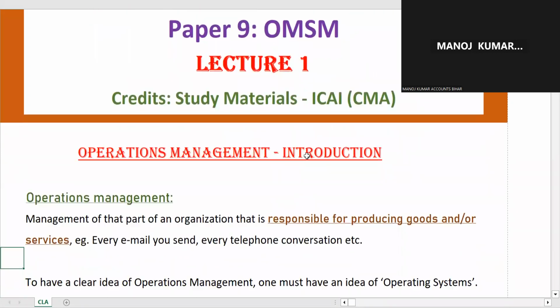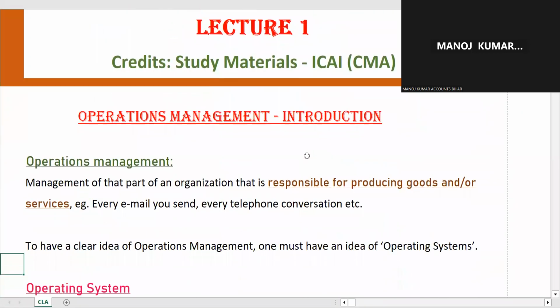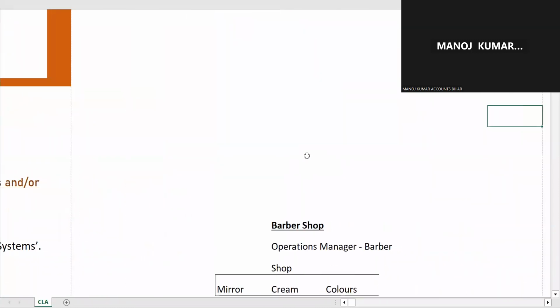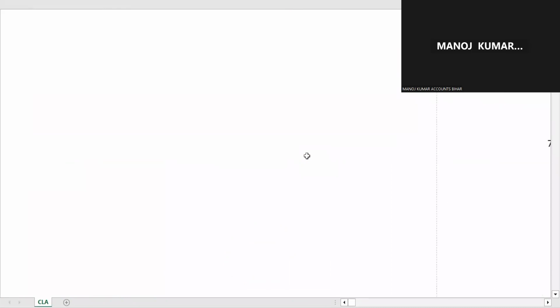Right. So now we are talking about operations management. First, one thing I will tell you: what is the chapter here?